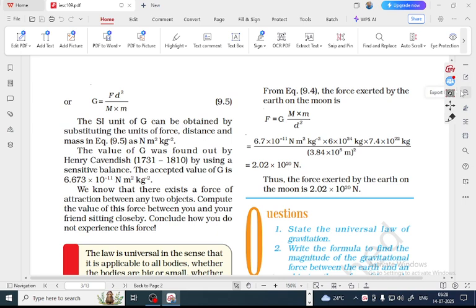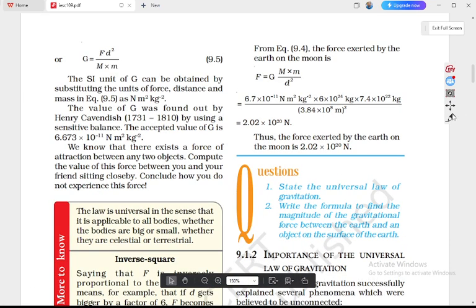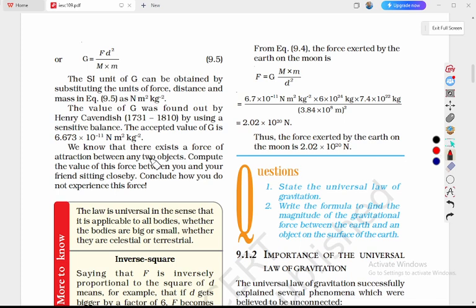The SI unit of G can be obtained by substituting the units of force, distance, and mass in equation 9.5, right?